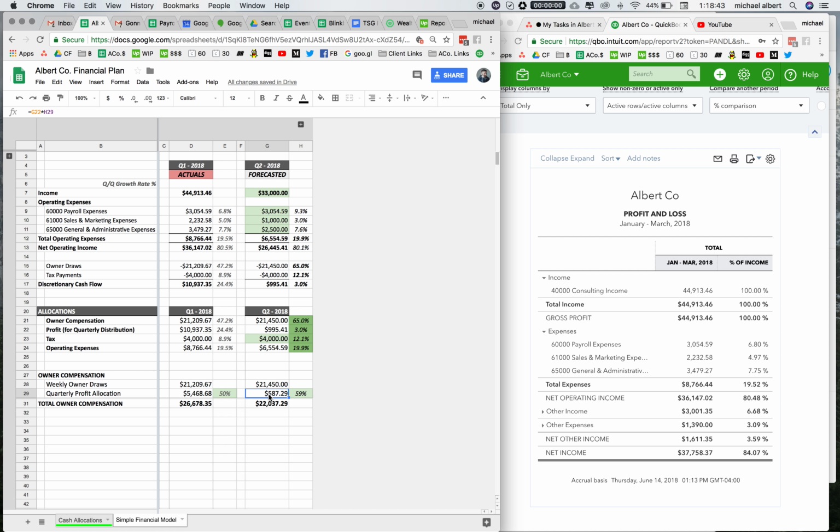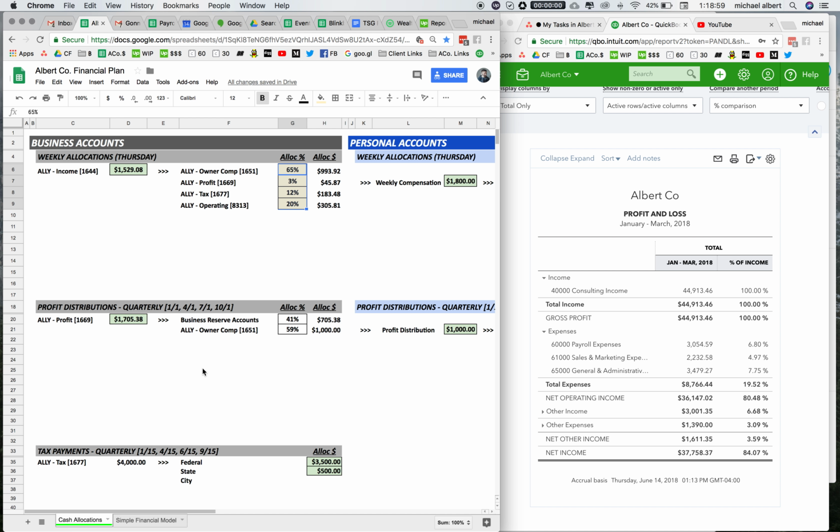The only other real decision I need to make is, okay, so we expect to have this much in the profit account at the end of the quarter that we're going to distribute. Basically, this says, what do I want to do with that? So I want to take 59% of that, which is reflected in my model, and I want to take it as compensation.